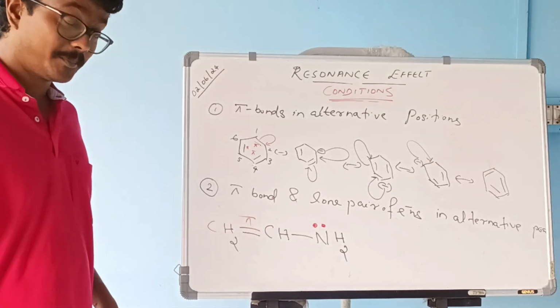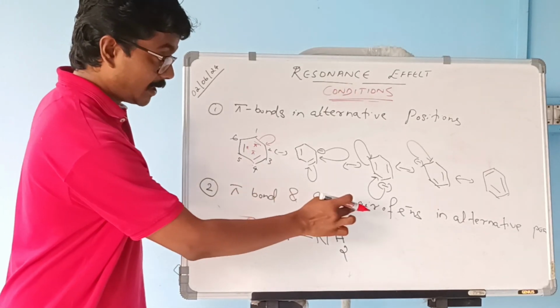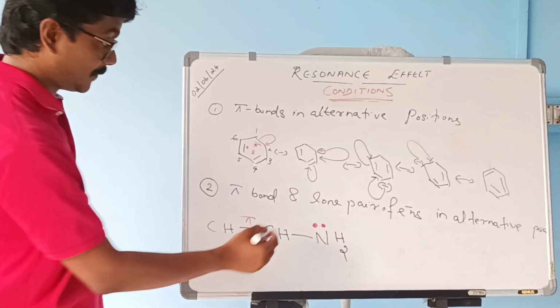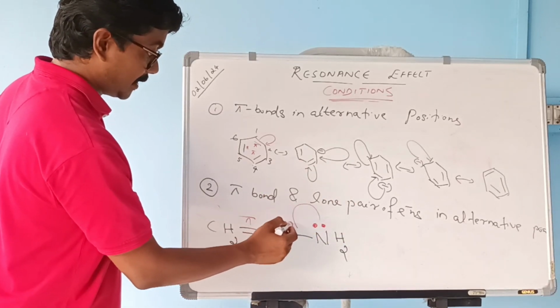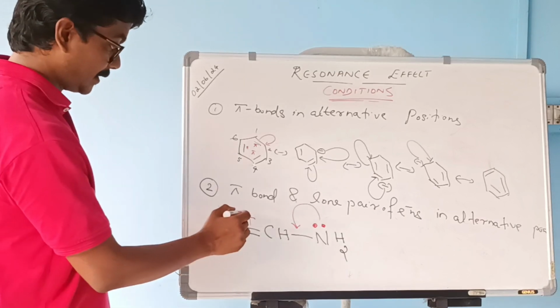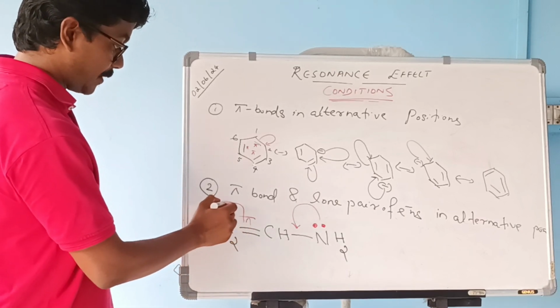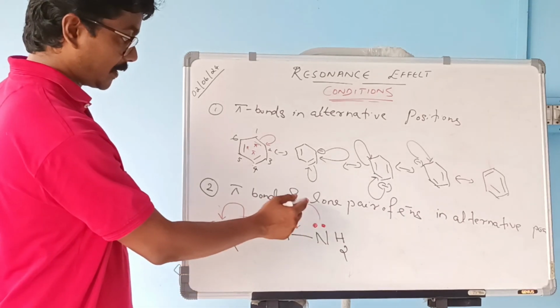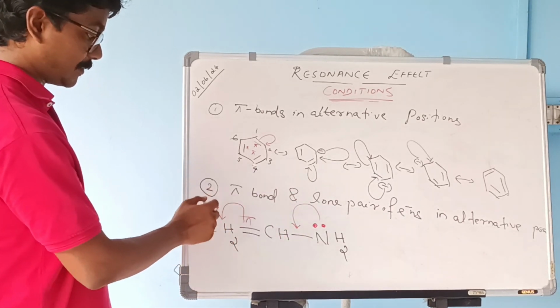So this is an example of a pi bond and a lone pair of electrons in alternating positions. What is going to happen? This lone pair will come to here and the pi electrons will come to here.